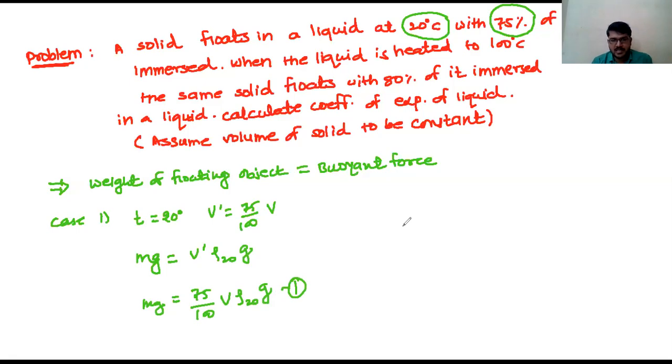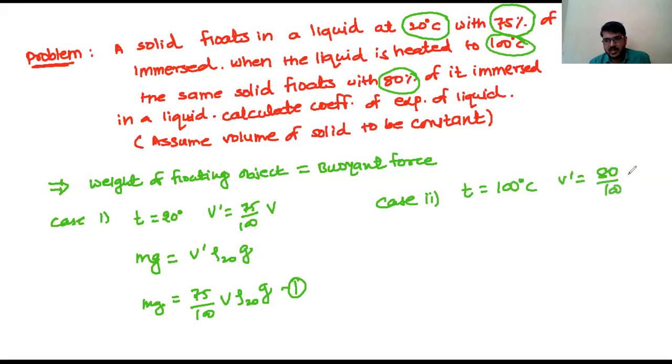In the next case, case 2, where it is 80%, the temperature is how much? 100 degrees Celsius. V double dash is equal to 80 by 100 into V. So the weight will not change.